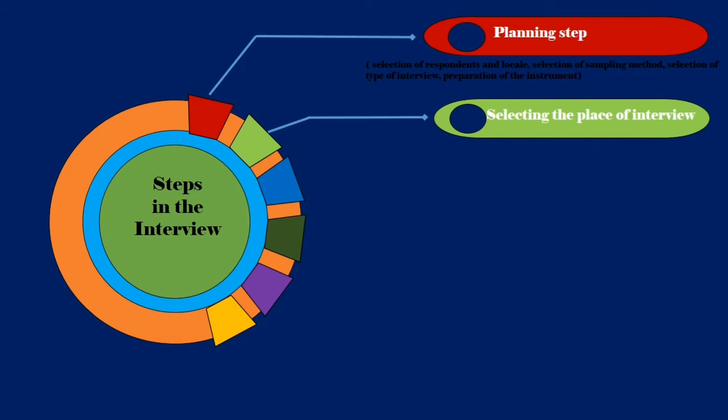But if they wish to be in some place such as a restaurant or any place that is most convenient to both of you, then so be it. But of course, if that is the case, then you, being the interviewer or the researcher, have to spend for the expense for that specific place.